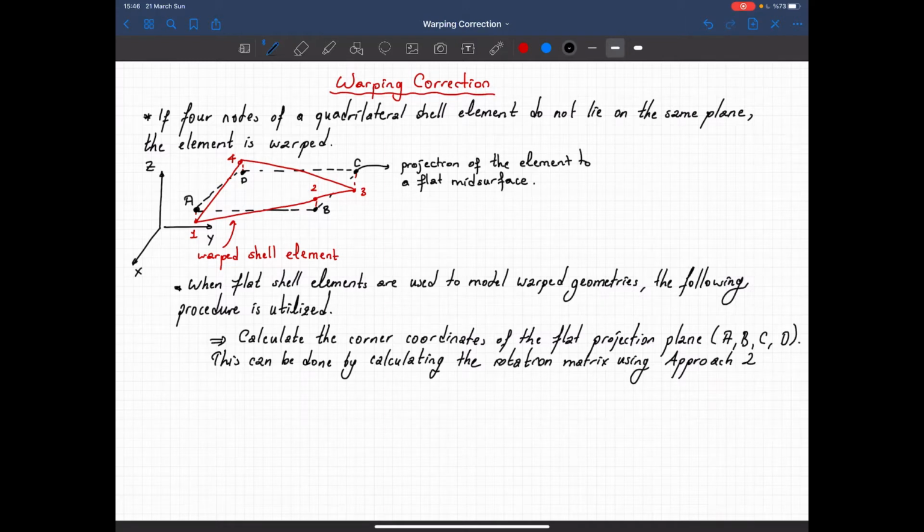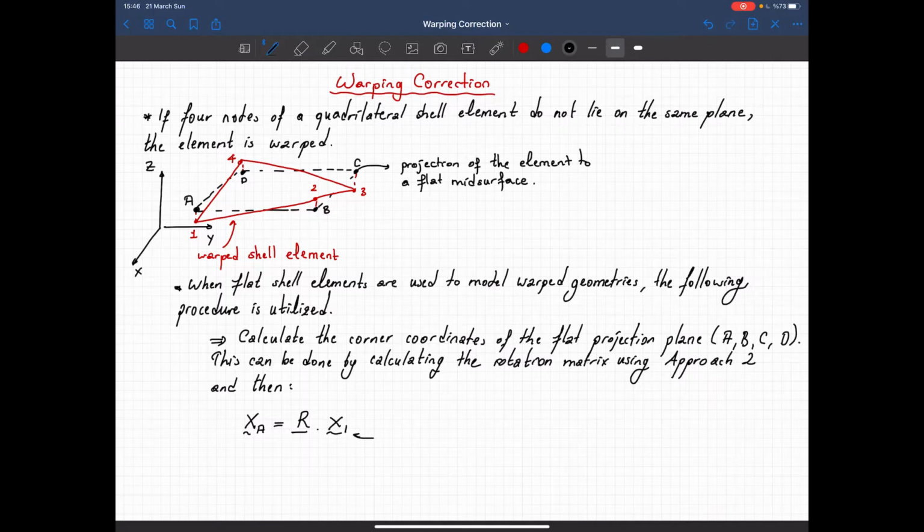Okay, and then x, let's call it A, will be equal to the rotation matrix multiplied by the coordinates of the first node.